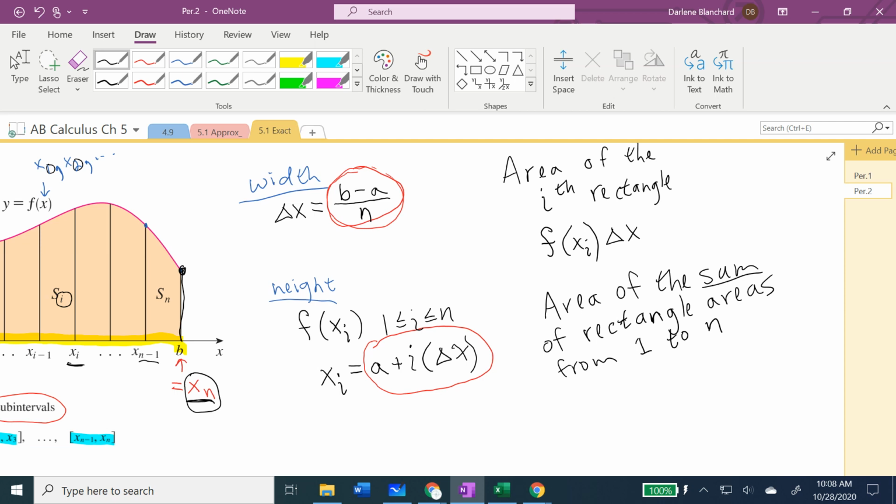Now, how do I write sum in math? How do I make a big sum? Sigma! Yay! Go Sigma! So I'm going to add together f of x sub i multiplied by delta x, and I'm going to start with i equals 1, and then I'm going to plug in i equals 2, i equals 3, i equals 4, until I reach i equals n.